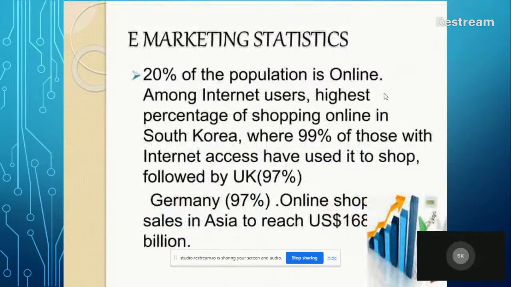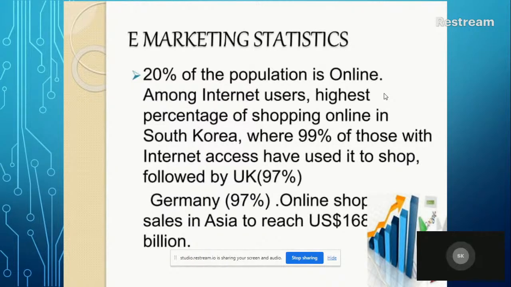So, e-marketing statistics. About 20% of the population is online among internet users, and the highest percentage of online shopping is in South Korea, where 99% of those accessing the internet shop online. In the UK it is 97%, and in Germany also 97%.